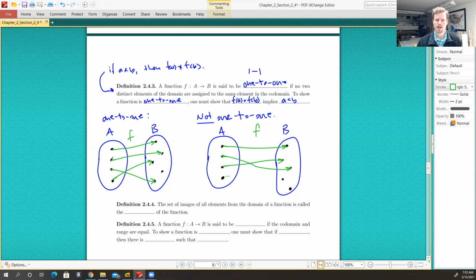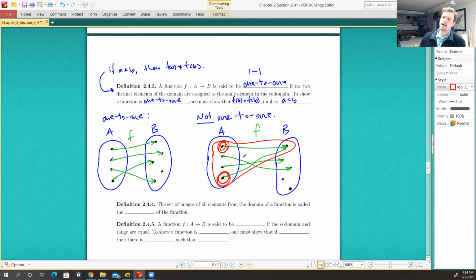But as soon as I repeat things, I have a problem. The problem is this right here. This element of the domain and this element of the domain, they're distinct elements of the domain that have the same output.